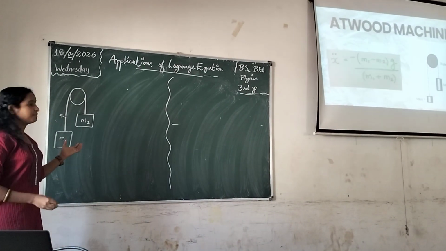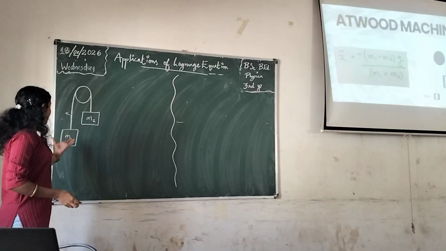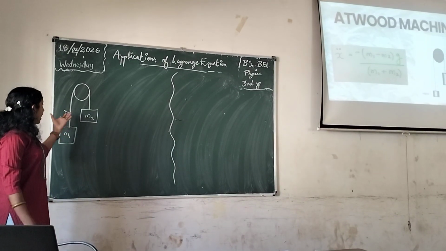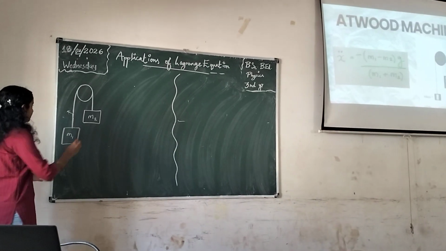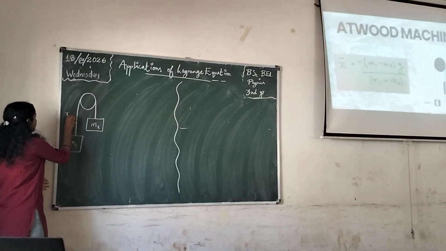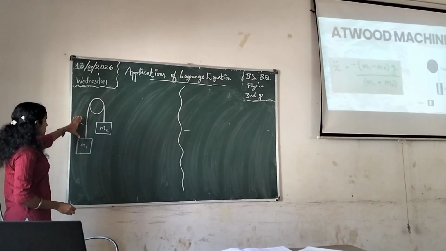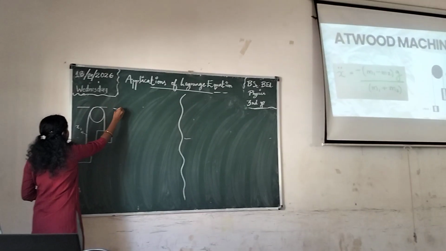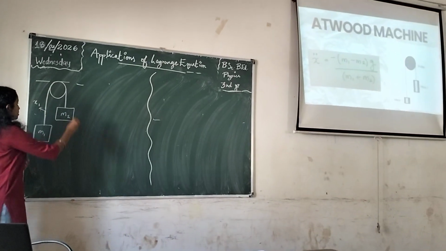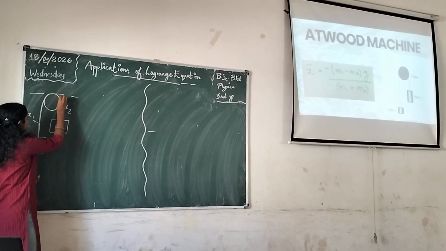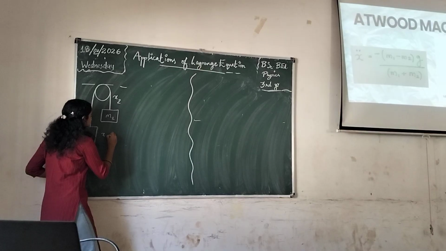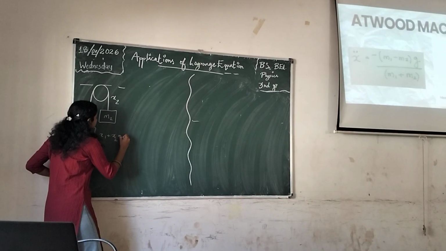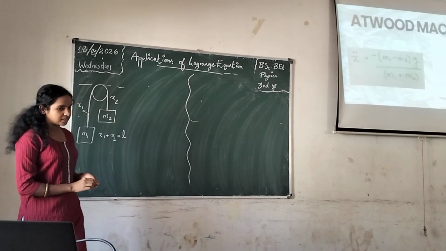This setup consists of 2 masses, M1 and M2, held together by a string of length L. We have x1 as the distance from the equilibrium point for mass M1 and x2 as the distance from the equilibrium point for mass M2, and x1 plus x2 equals the total length of the string.